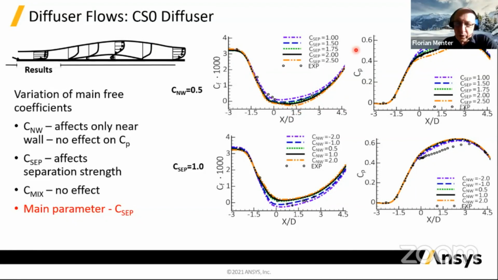And we have these two coefficients, CSEP and C near wall, both affect the near wall behavior, but the CSEP changes really the separation characteristics, where the C near wall only affects the very close region to the wall in the separation area. And you can see here the CSEP changes the pressure distribution. And you can get the pressure plateau from the separation, whereas you cannot do that with the near wall coefficient, which only changes the very near wall behavior.